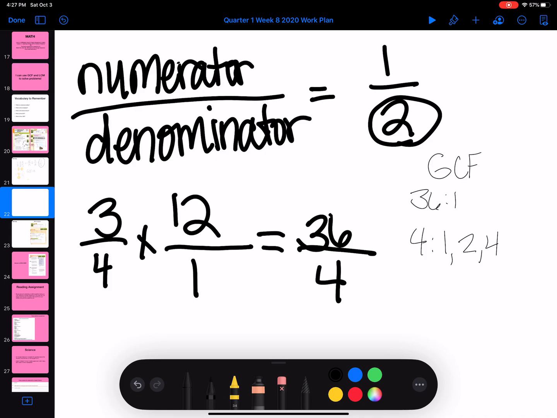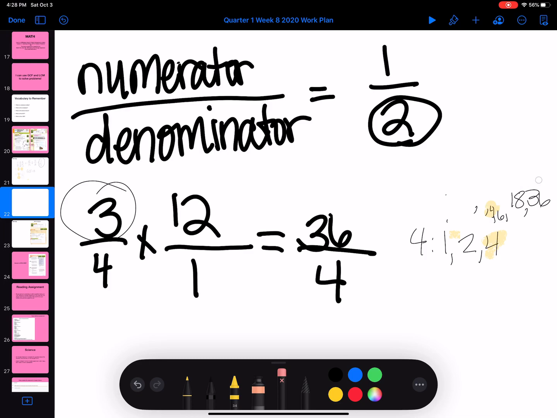For 36, I know 1 and 36, 2 and 18, 3 and, is it 12? Oh my goodness, you guys, it's right here. 3 times 12, and then I know 4 times 9, and 6 times 6. So it'd be 1, 2, 3, 4, 6, 12, 18, and 36. So I know my GCF is 4.